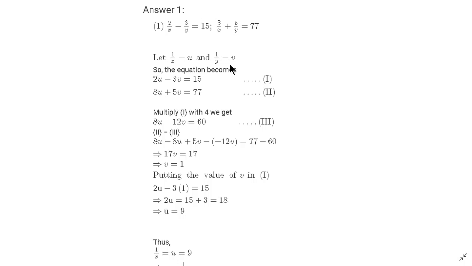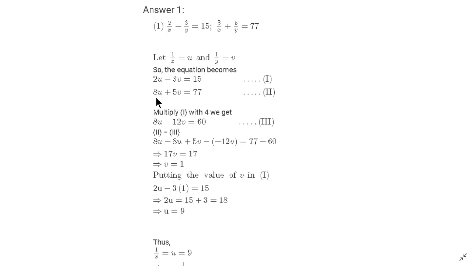What are the new equations then? These variables let us convert these non-linear equations into linear equations. If 1 upon x is substituted by u, 1 upon x will be written as u, so 2 into u minus 3 into v is equal to 15.